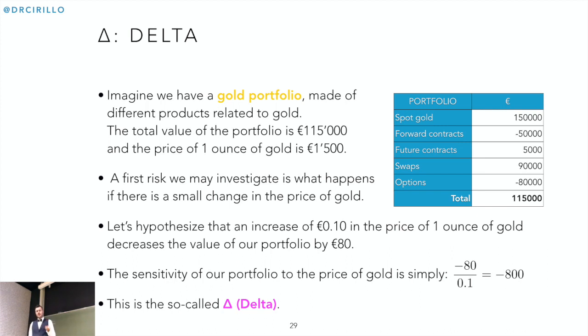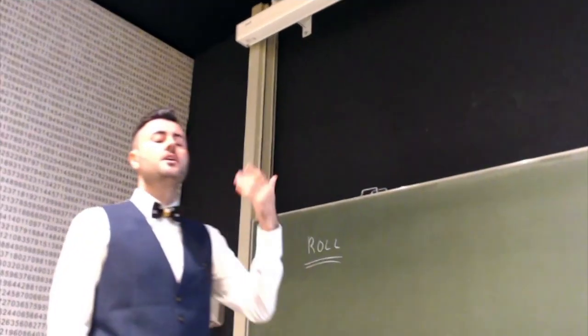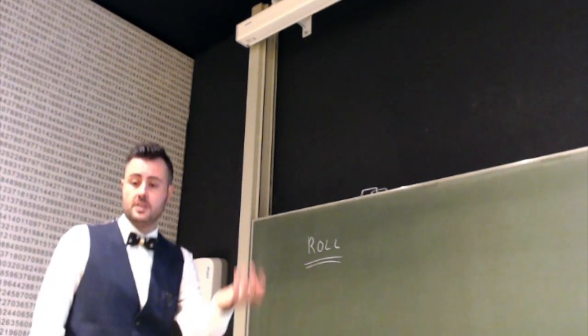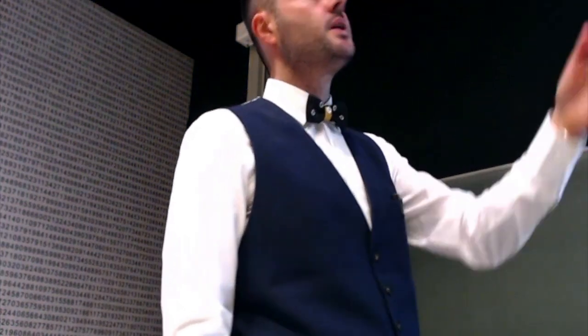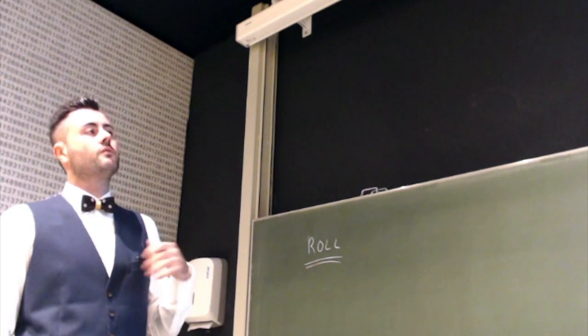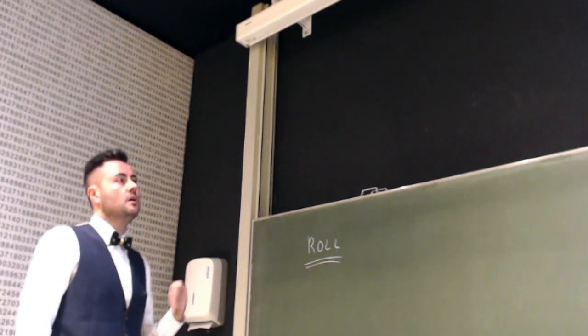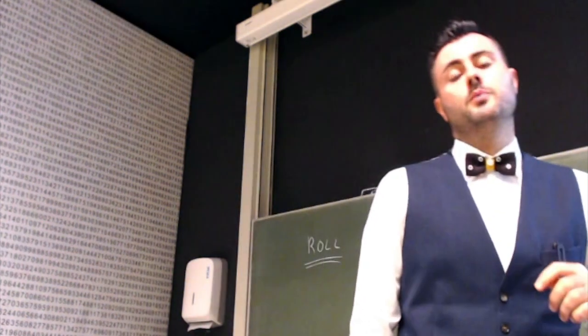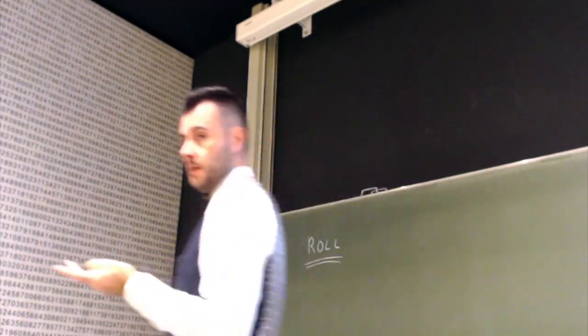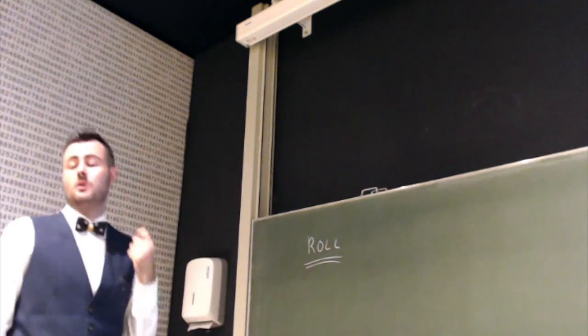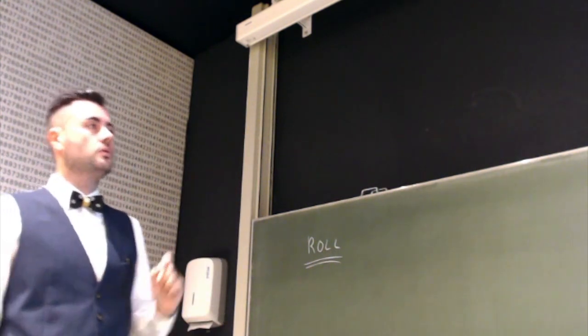So the delta essentially tells me that if there is an increase of 1 euro instead of 10 cents in the price of 1 ounce of gold, that will generate a decrease of 800 for the portfolio. At the same time, if there is a decrease of 1 euro in the price of gold, I will see an increase of 800 in the value of the portfolio.